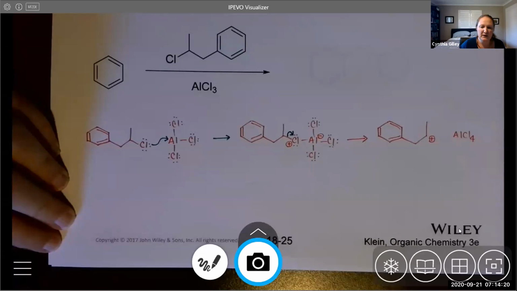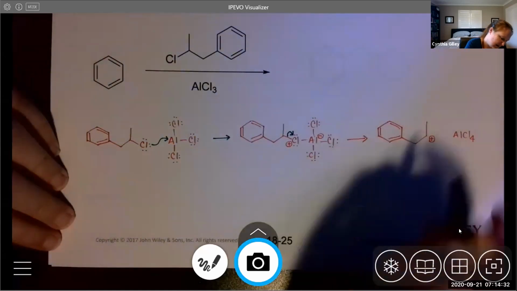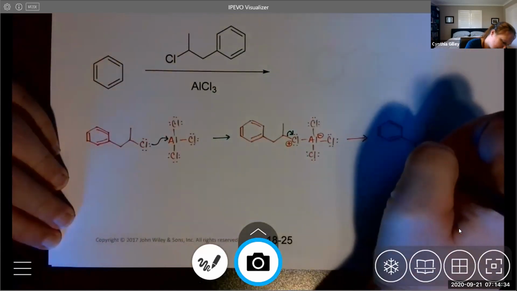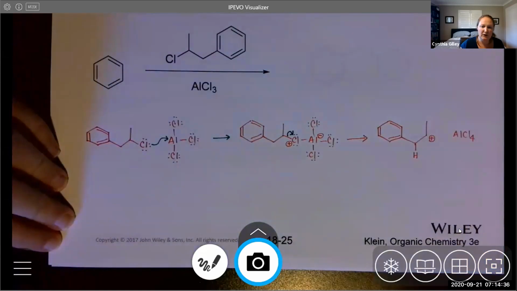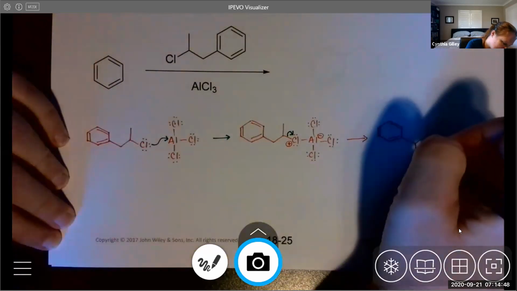So at this point, whenever you form a secondary carbocation, you usually want to look to see if any rearrangement is possible. And it is possible, right? Particularly because if we do a hydride shift, we're going to get a more stable carbocation, not because it's more substituted, it'll still be secondary, but it'll be secondary benzylic which is much more stable than secondary.